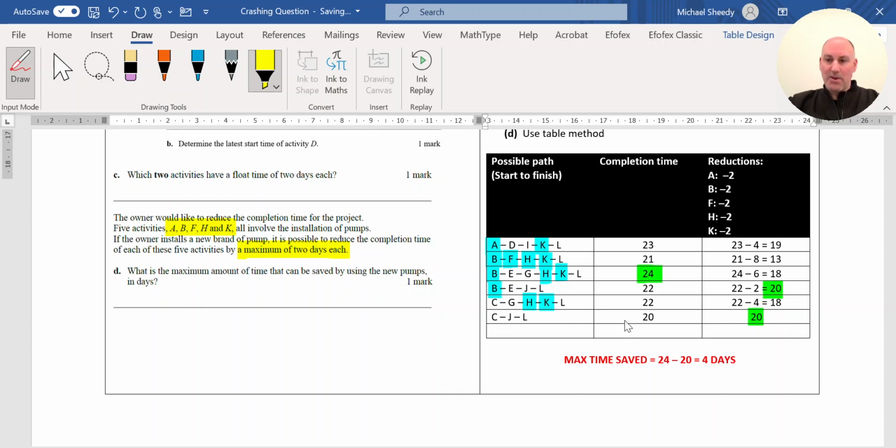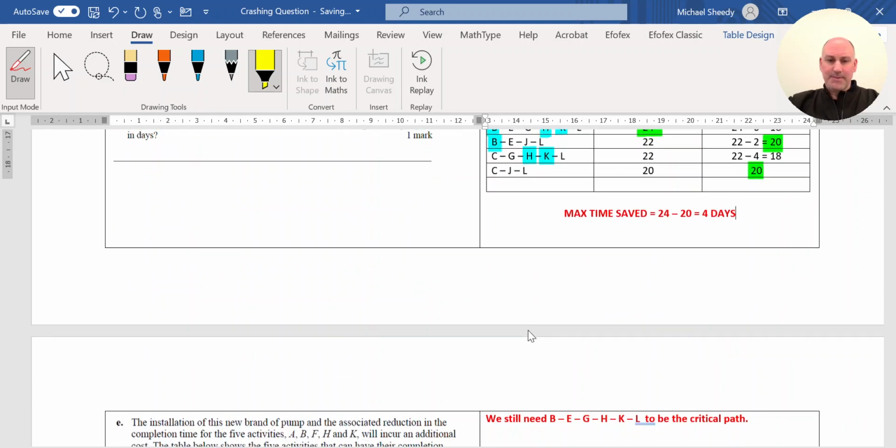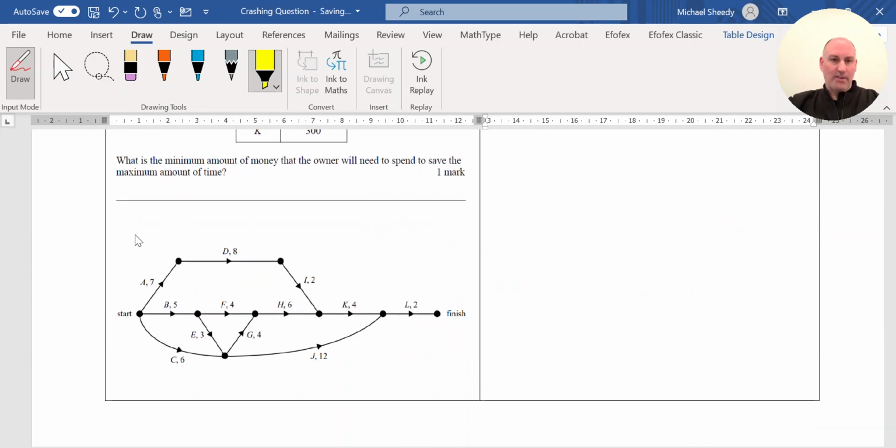Okay, so make note of this. There's 2 critical paths. I've got a blank diagram here. C, J, and L, that's a new critical path, which is a length of 20.